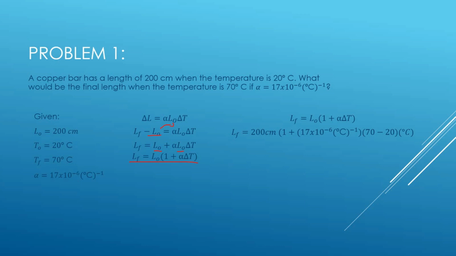So you can cancel these two out. So 70 minus 20 is 50. Now you multiply 17 times 10 raised to negative 6 times 50, which will give you 8.5 times 10 raised to negative 4.